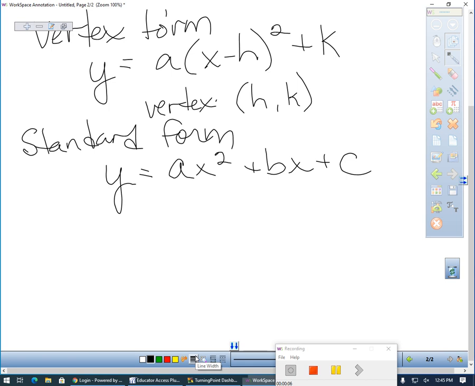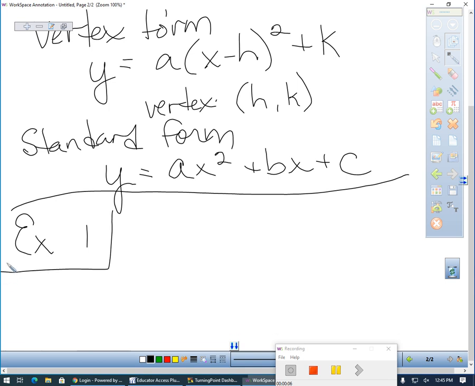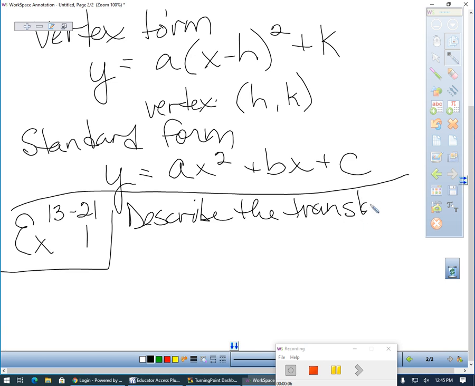All right. So first of all, when we talk about vertex form, we talk about translating. And I know you guys already know this, so I'm going to jump right into the first example. This is going to cover 13 through 21. Describe the transformation, translation, same thing, right?